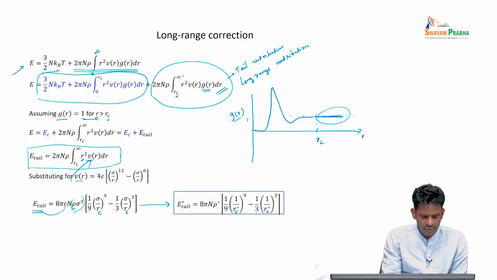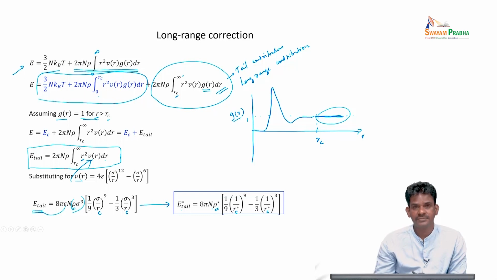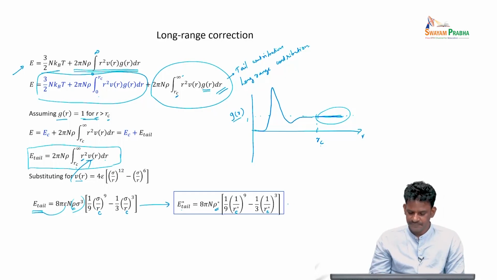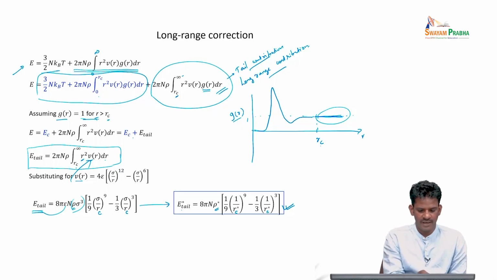Rho times sigma cubed becomes rho star, the non-dimensional density, and RC by sigma becomes RC star, etc. So for a given simulation at a given density, you calculate these quantities analytically, because we know RC, we know the number density and everything. You calculate the energy from the neglected contributions and add it to the total energy.